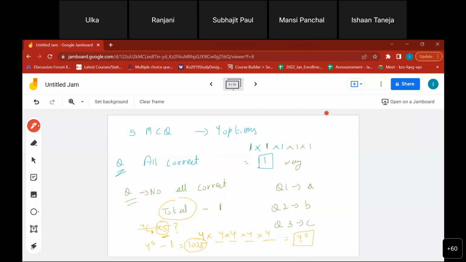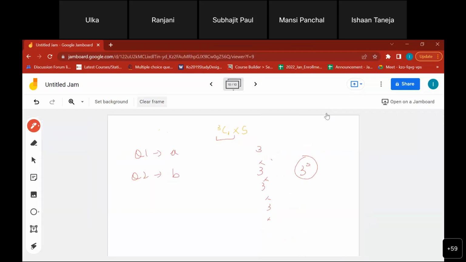Okay, so what we did is we computed the total number of ways in which I can answer, which is 4 raised to the power 5. In general, your total ways include all the cases where you get 0 correct, 1 correct, 2, 3, 4, and 5, right?